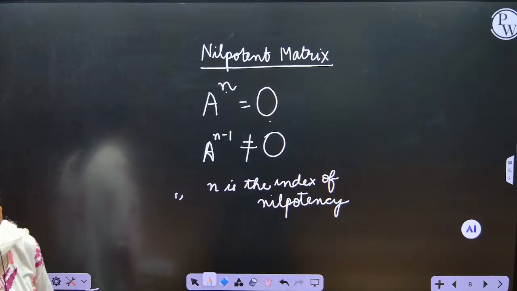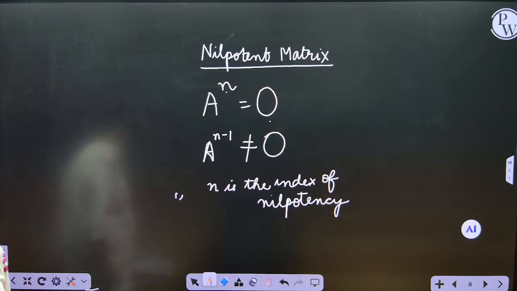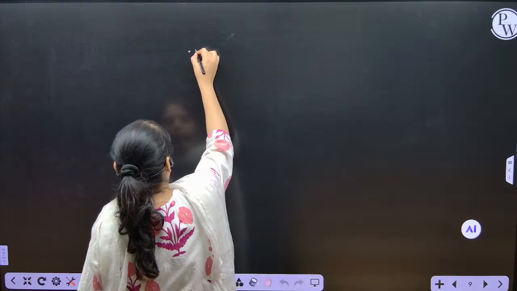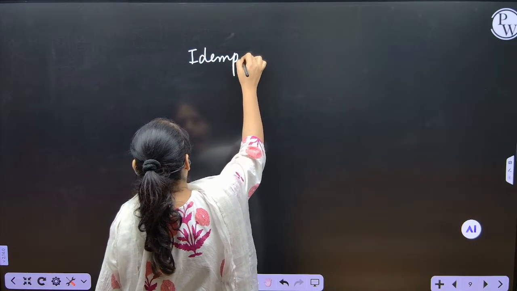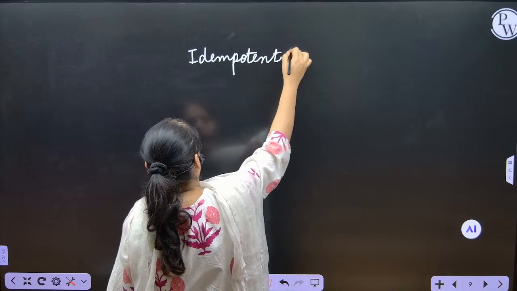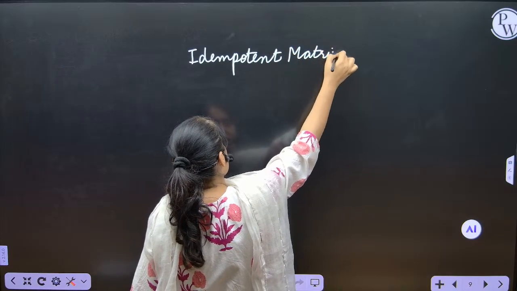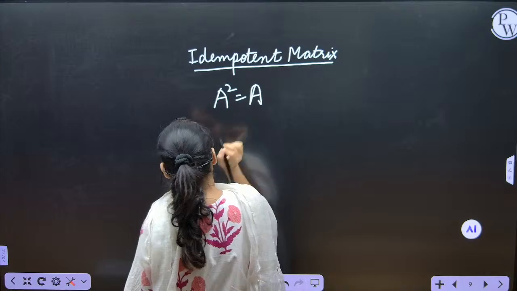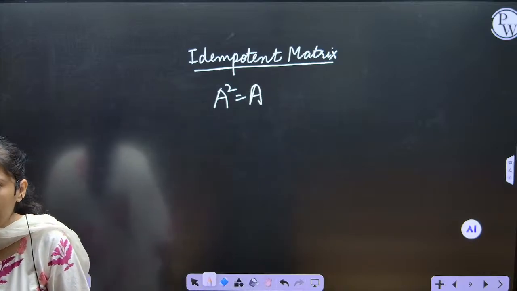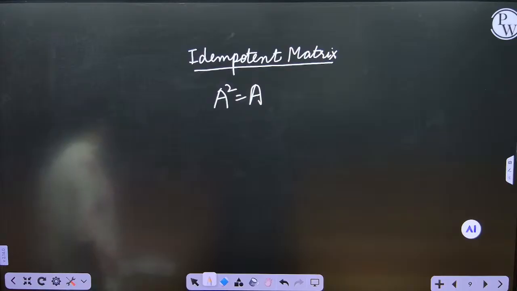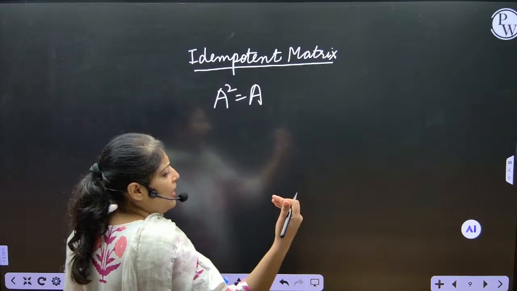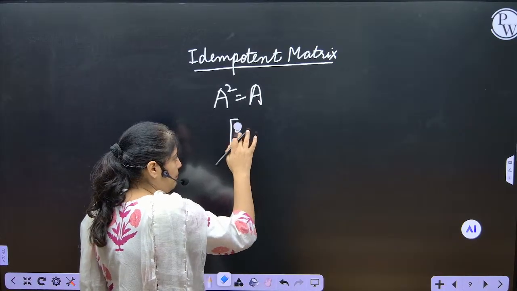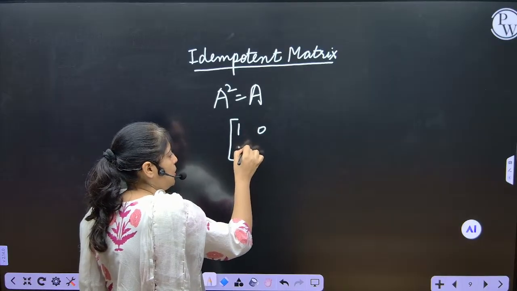Next matrix is idempotent. An idempotent matrix is when A square is nothing but the original matrix only. A square equals A. Just take the example of the identity matrix, 1 0, 0 1.